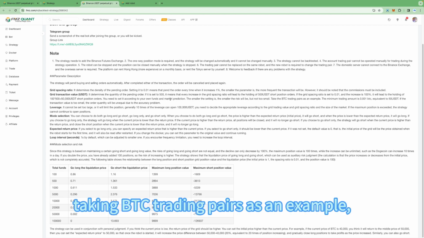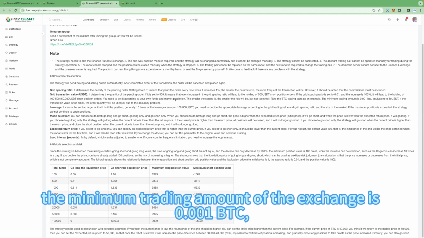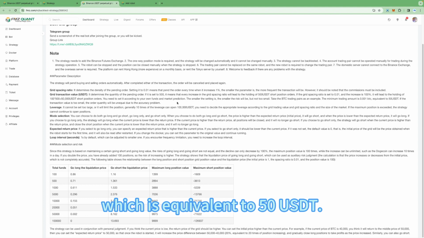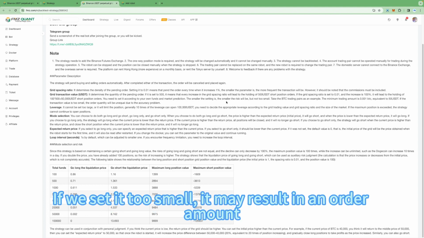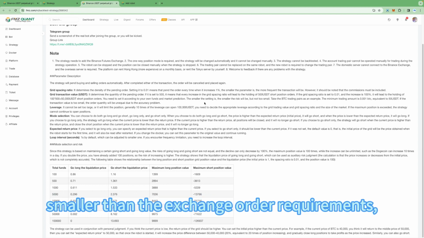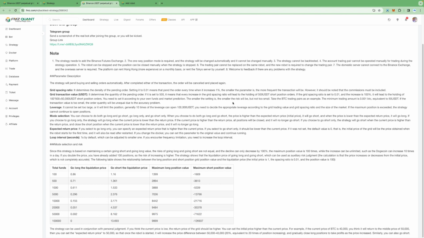Taking BTC trading pairs as an example, the minimum trading amount of the exchange is 0.001 BTC, which is equivalent to 50 USDT. If we set it too small, it may result in an order amount smaller than the exchange's order requirements, leading to an order failure.